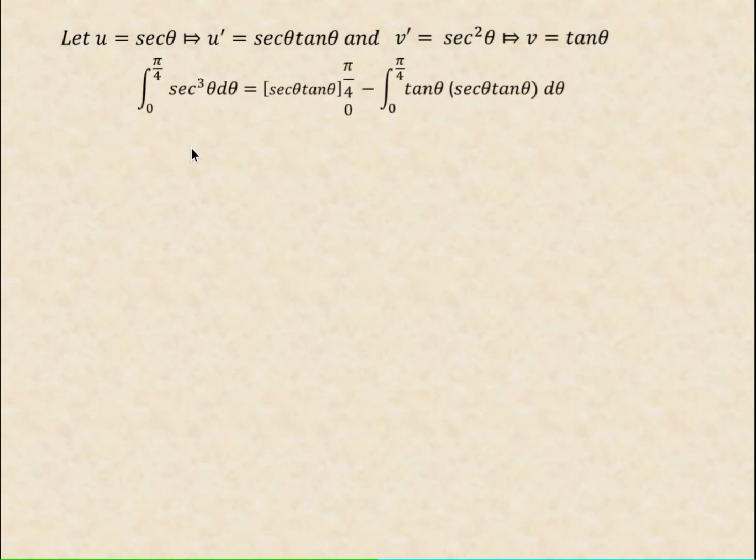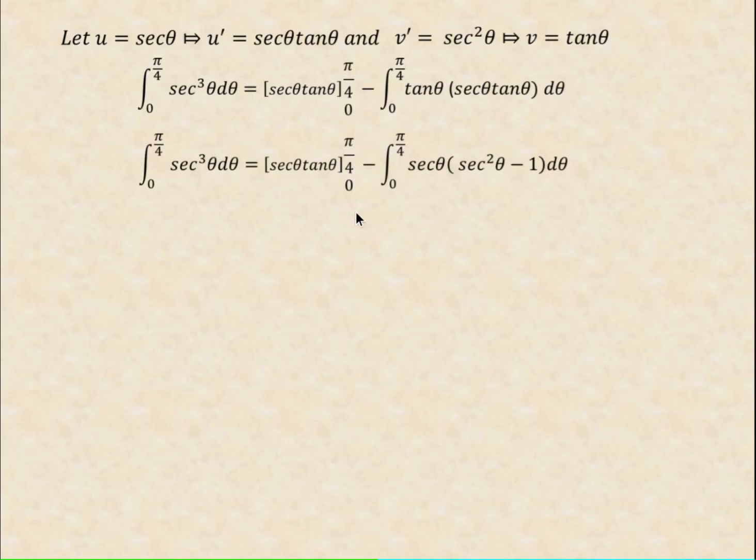The next step now, we proceed to use the integration by parts formula, where the first term has to be uv, and u being sec theta while v is tan theta. We have sec theta tan theta as the first term there, minus the integral of v u prime d theta, and v is tan theta while u prime is sec theta tan theta.